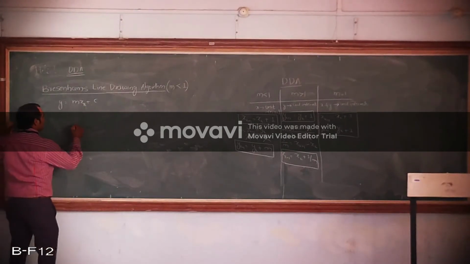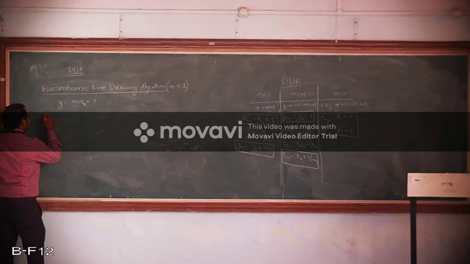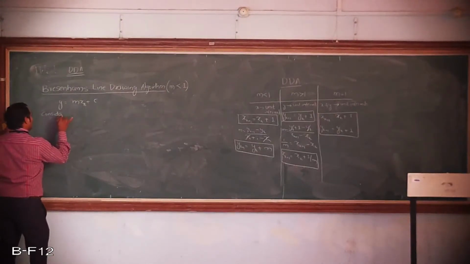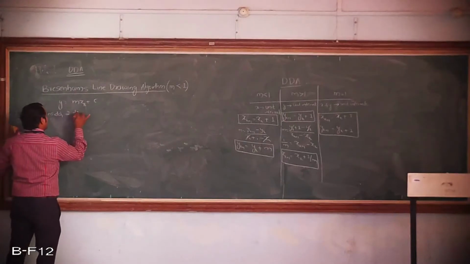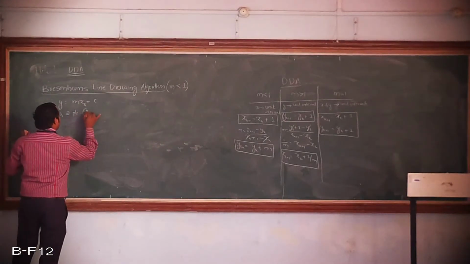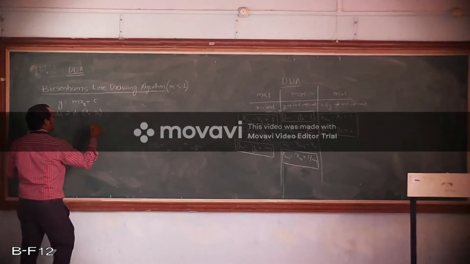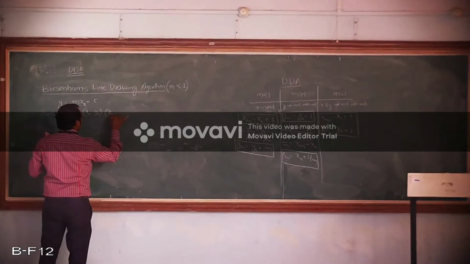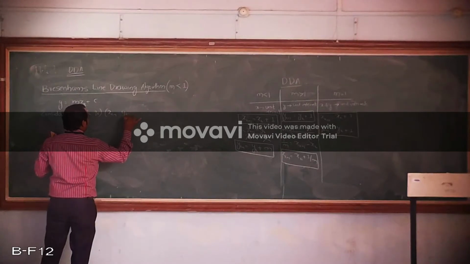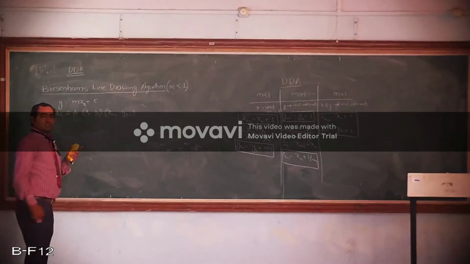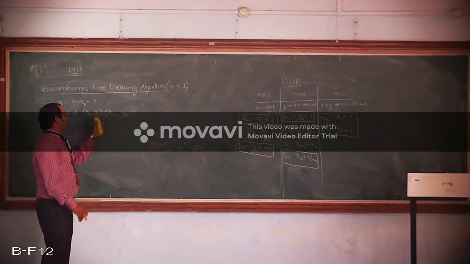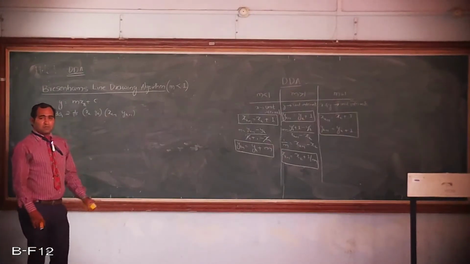Consider two points: the previous point is xk, yk, and the next point is xk plus 1, yk plus 1.